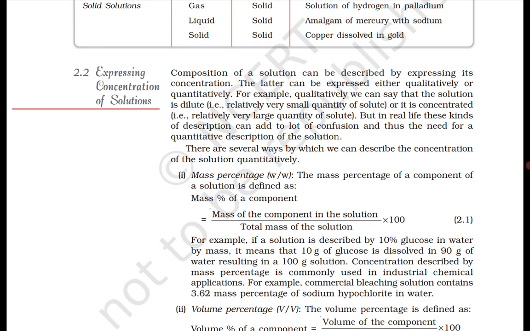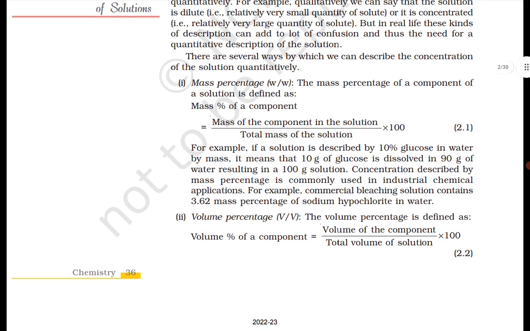For example, if a solution is described by 10% glucose in water by mass, it means that 10 grams of glucose is dissolved in 90 grams of water, resulting in a 100 gram solution. Concentration described by mass percentage is commonly used in industrial chemical applications.